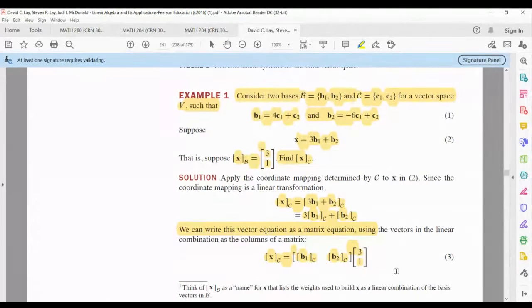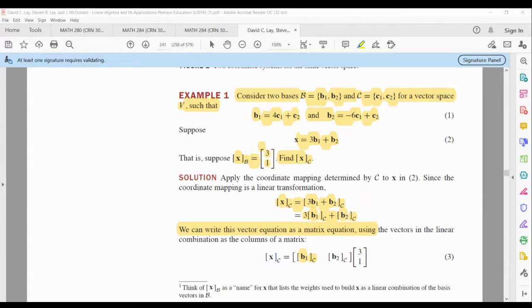So now, what is the coordinate vector of b1 with respect to C? Who can give me the numbers? Good, Hung.